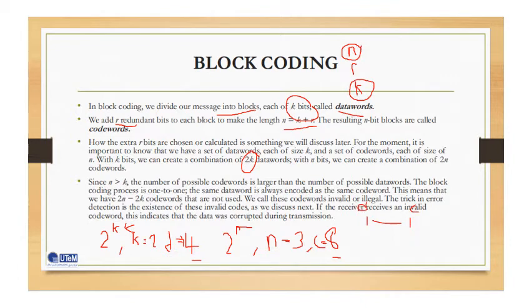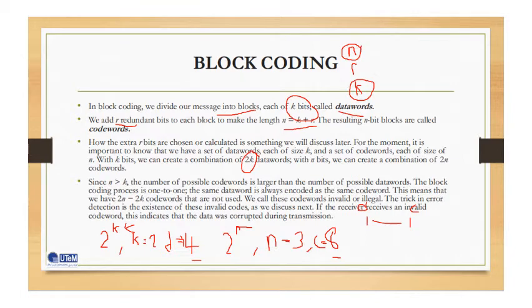This means that we have 2 to the power of n minus 2 to the power of k, so 8 minus 4 equal to 4 code words not in use. We call these code words invalid or illegal.